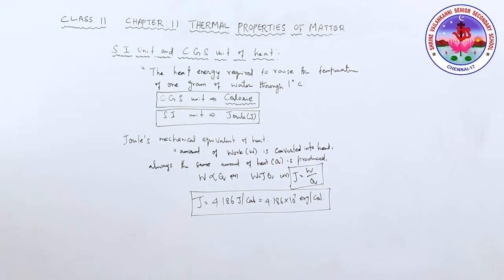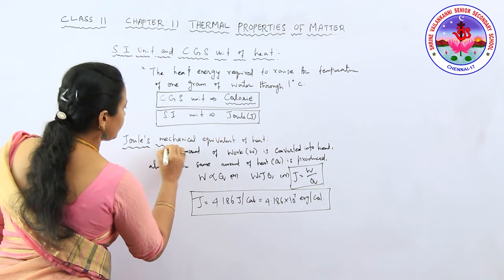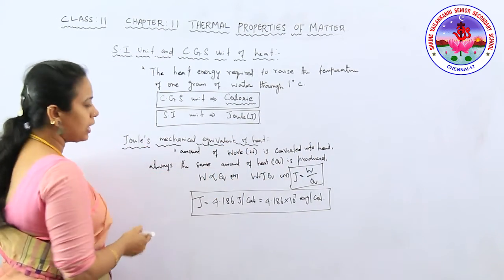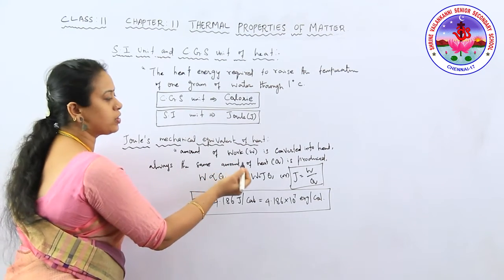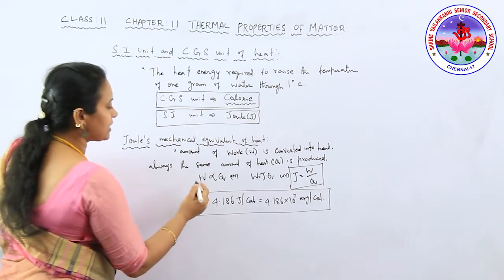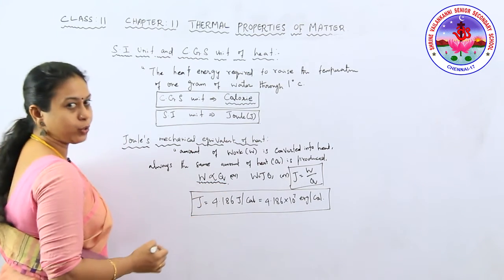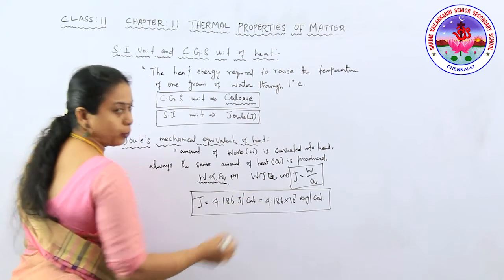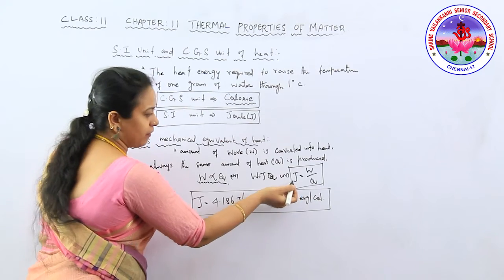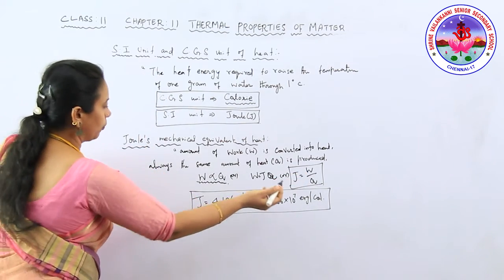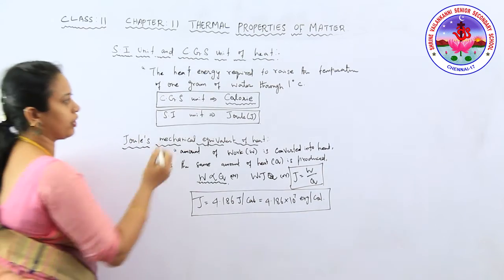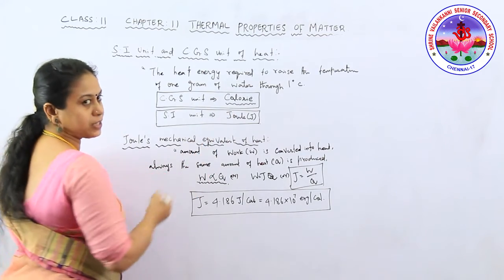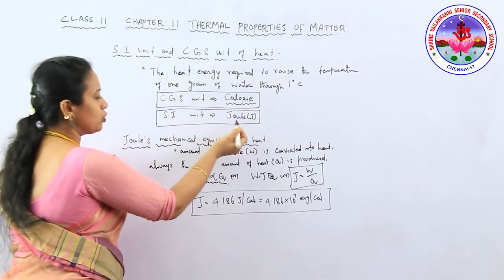Whenever a given amount of work W is converted into heat, it is always the same amount of heat that is produced. So we can say W is equal to Q, or W equals J times Q, or J equals W by Q. The heat energy required to raise the temperature of 1 gram of water through 1 degree Celsius is the CGS unit calorie, the SI unit is joule.